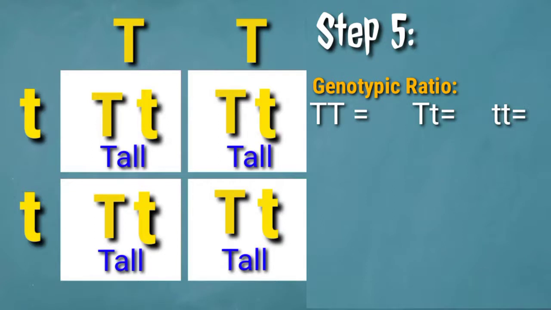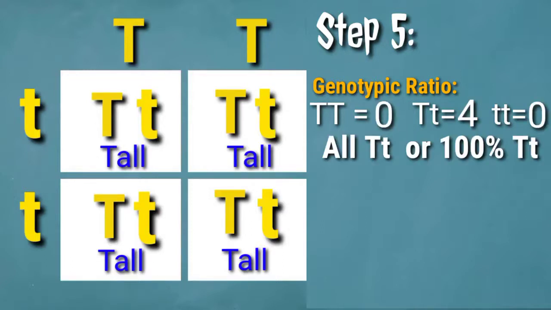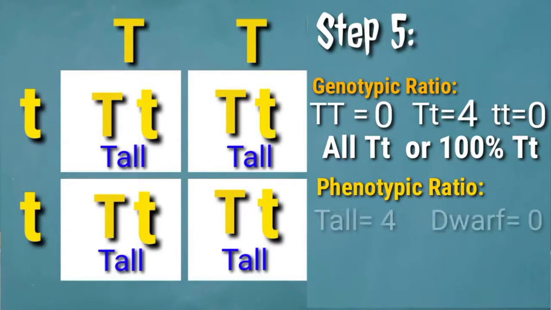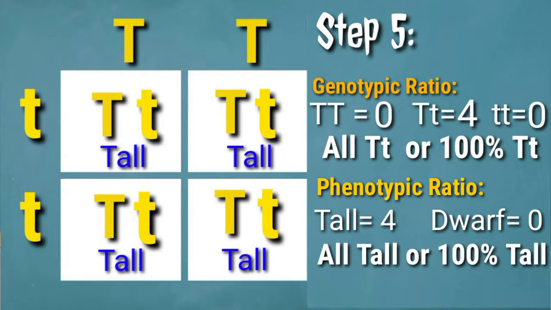In this case, we have heterozygous tall, heterozygous tall, heterozygous tall, and heterozygous tall, meaning all our genotypes are heterozygous tall, with capital letter T and small letter t, meaning 4:0, or 100% heterozygous tall. Our phenotypic ratio, we have 4 tall and 0 dwarf, meaning we have all tall or 100% tall.